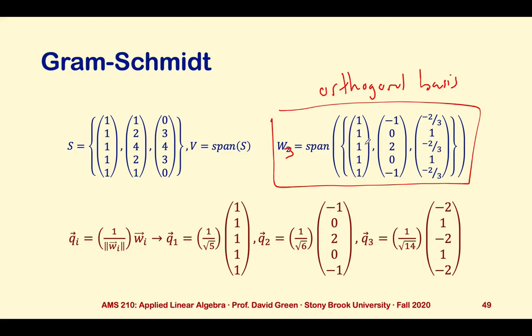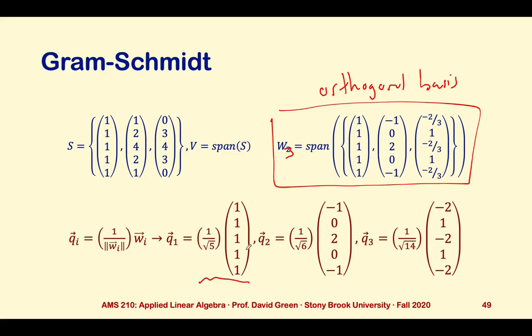The last step is to convert this to an orthonormal basis. How do we do this? We divide each of these by their length. Right? We've already computed the dot product of each of the first two with themselves. We saw that the dot product of W1 with itself was 5, so its length is square root of 5.